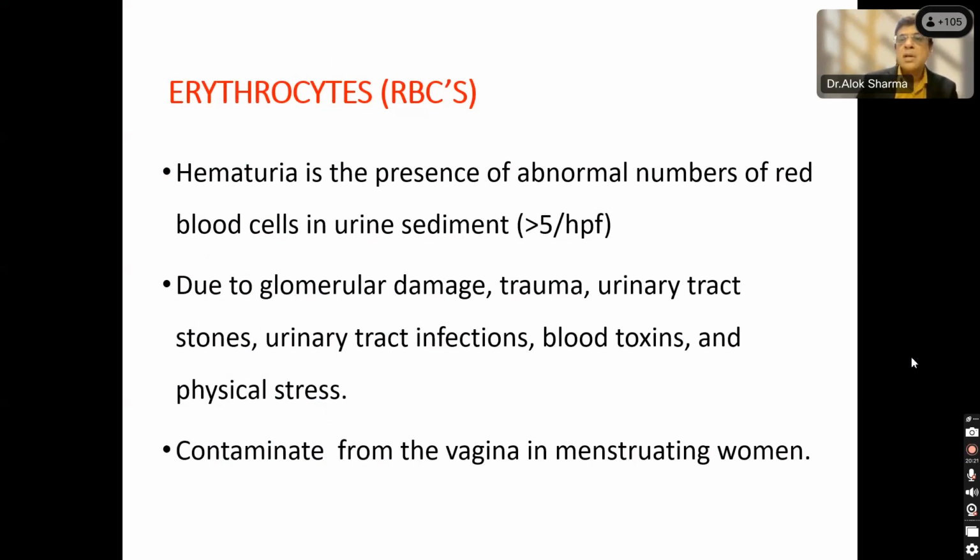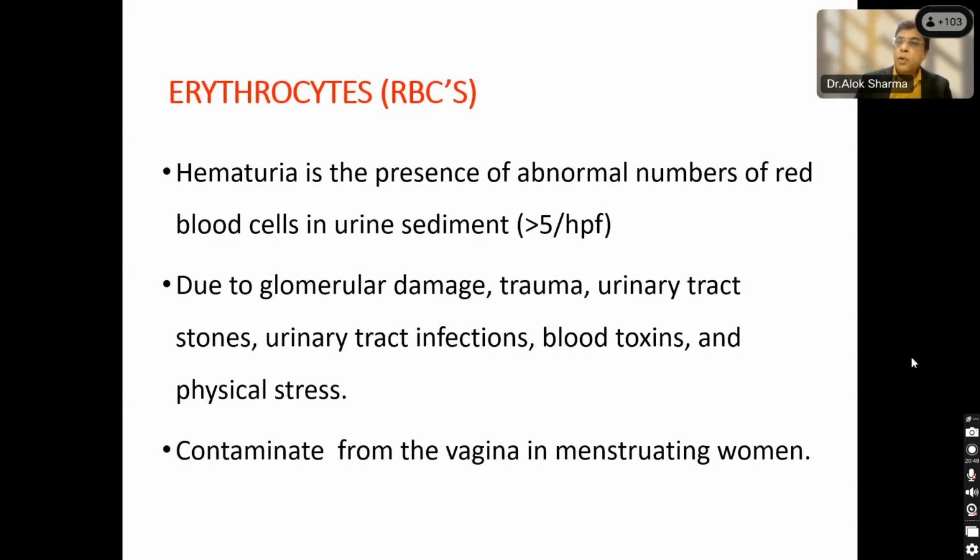It is very important to remember that RBCs in urine can be glomerular in origin. So they can arise from a glomerular pathology, but they can also arise from trauma, stones, UTIs, even some toxins which can induce escape of RBCs into urine, and even physical stress in some patients.